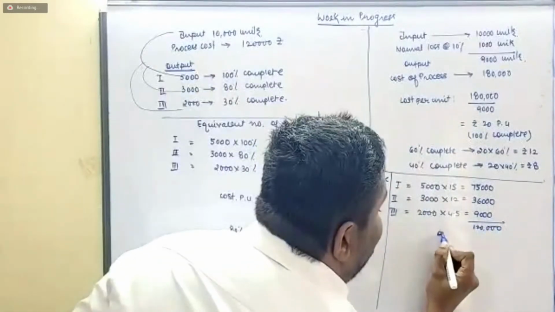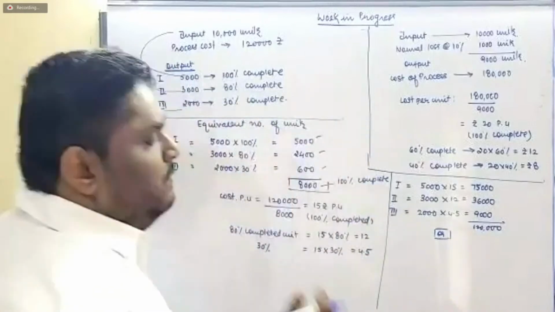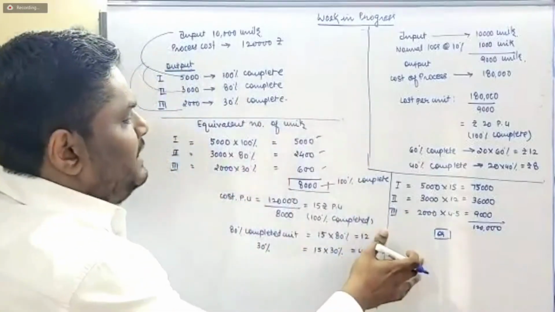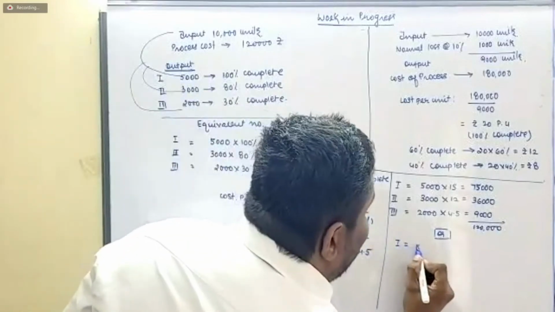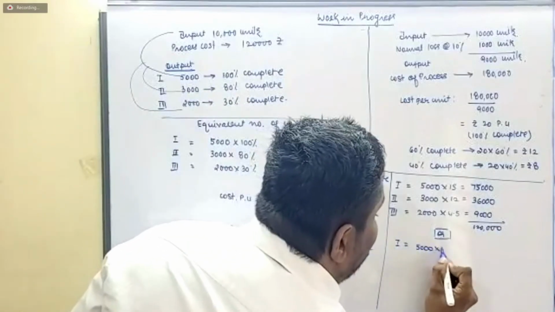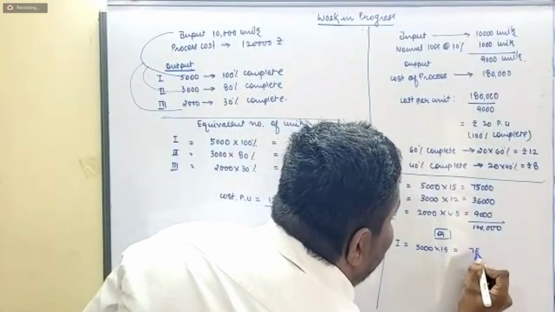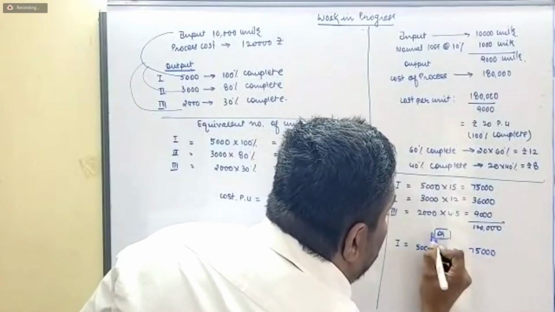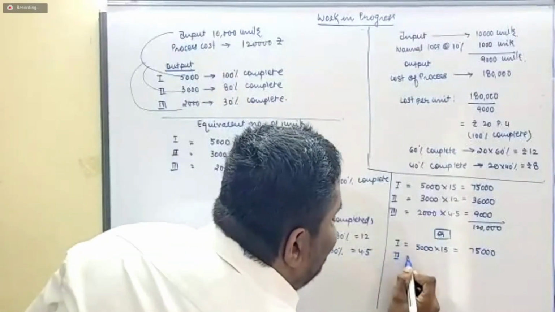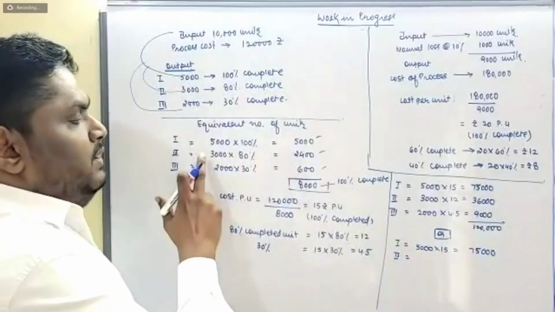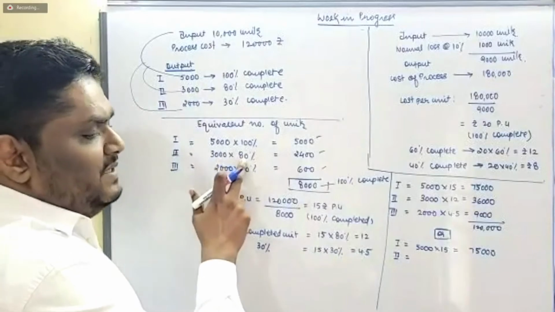Alternatively, we can calculate the cost as follows also. See, 5,000 units that are 100% complete at 15 rupees, so 75,000. Now, the second category, 3,000 units that are 80% complete.